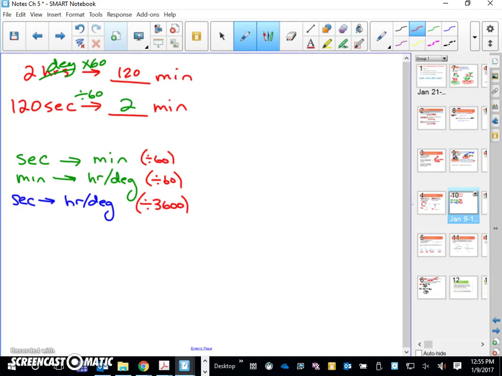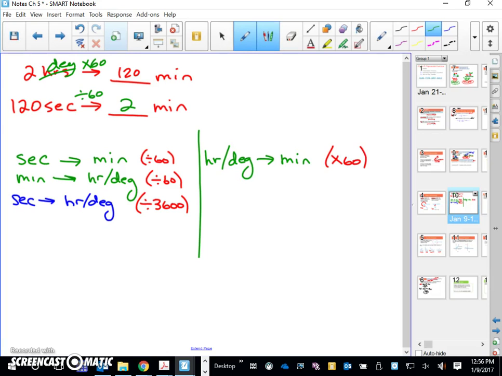You'd end up dividing by 60 twice, or dividing by 3,600. Okay, so then what if we go the other way? What if we go from hours or degrees to minutes? 2 hours equals how many minutes? 120, right? We got that because we multiplied times 60.